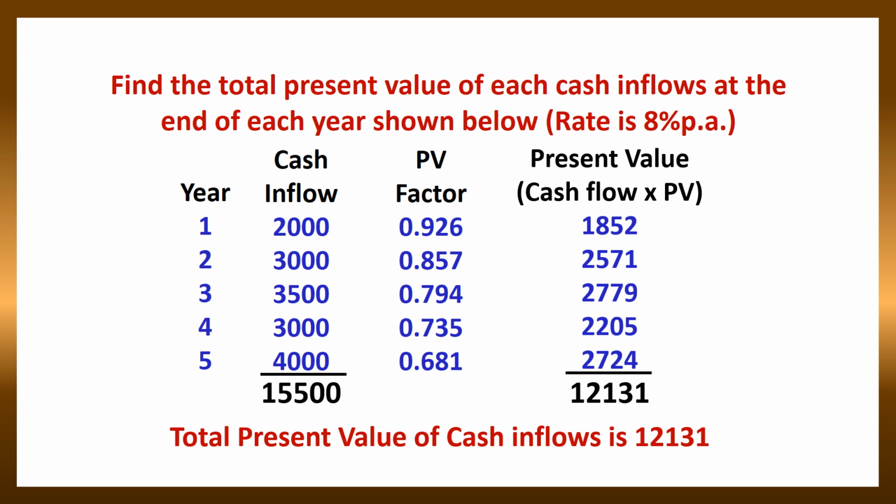But its present worth is obtained by calculating 1852 plus 2571 plus 2779 plus the other two values also, that is 12,131. The total amount received is different, but its present value is only 12,131.